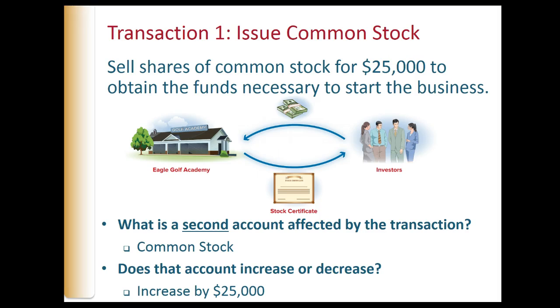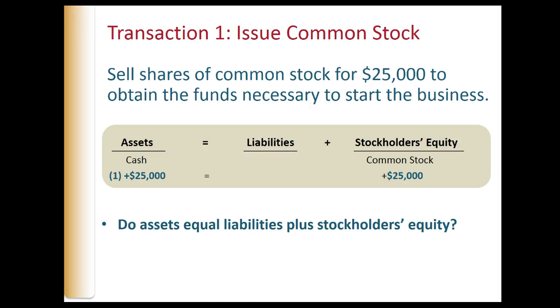We're issuing common stock in exchange for $25,000 in cash, so it increases the amount of common stock owned by stockholders. So common stock and total stockholders' equity are also going to increase. Remember, cash increases and the common stock equity account is increasing.